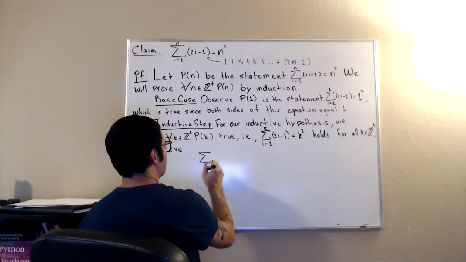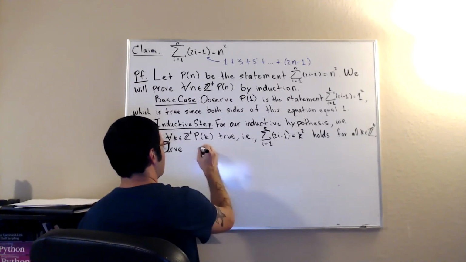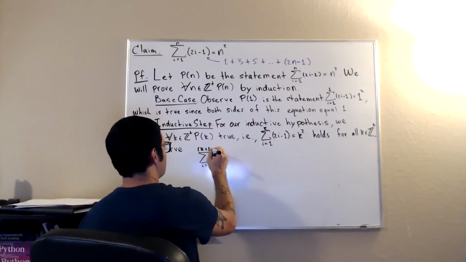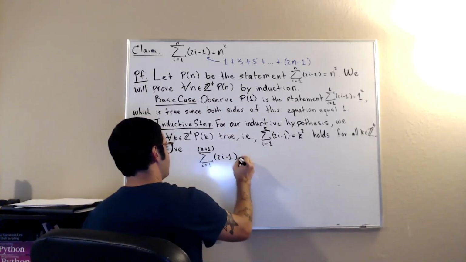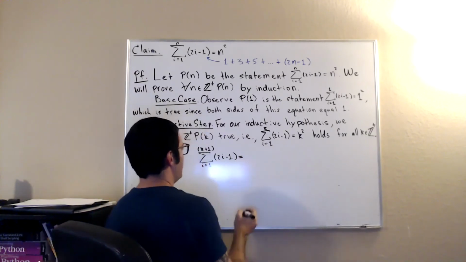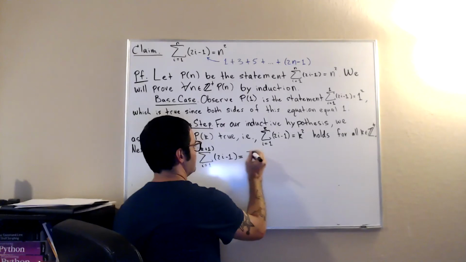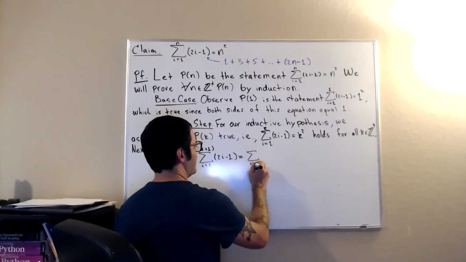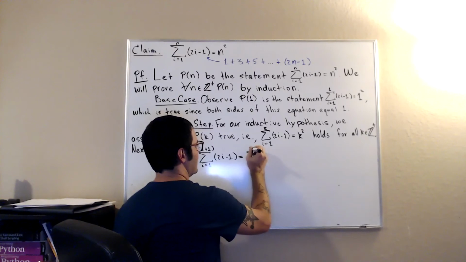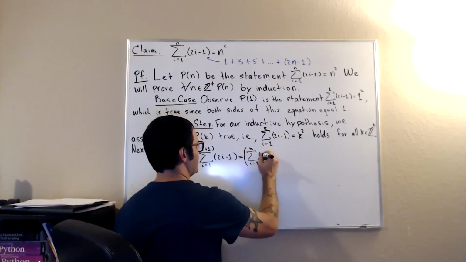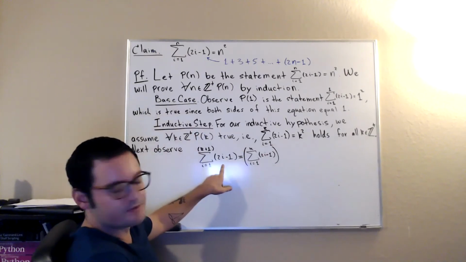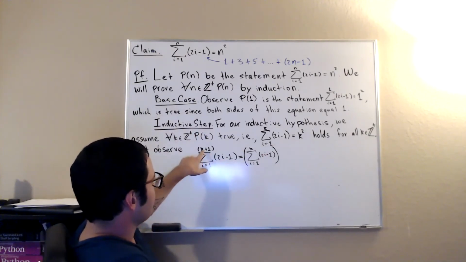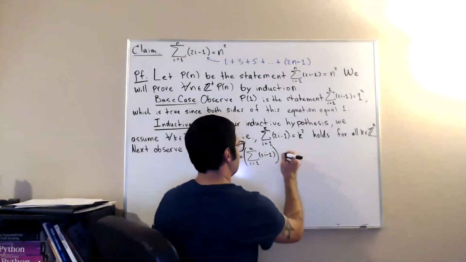So the sum from i equals 1 to k plus 1 of 2i minus 1 is equal to the sum from i equals 1 to k of 2i minus 1, plus the k plus 1 term. So I'm just truncating this summation here. I left out the k plus 1 term, so I've got to add that back in here.